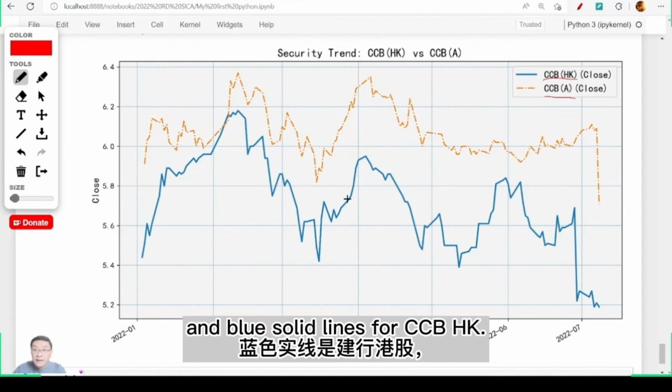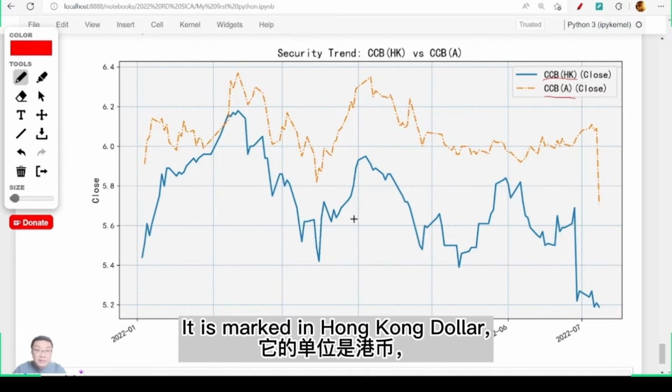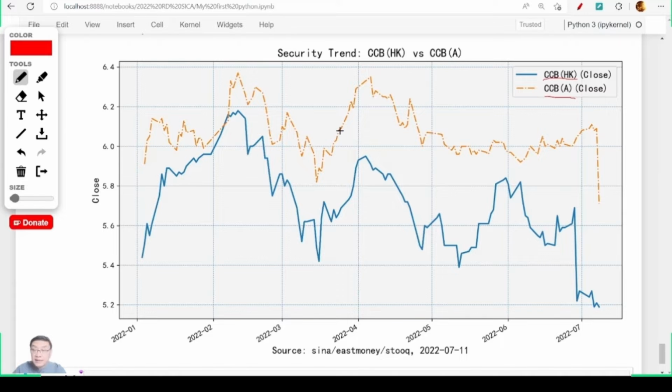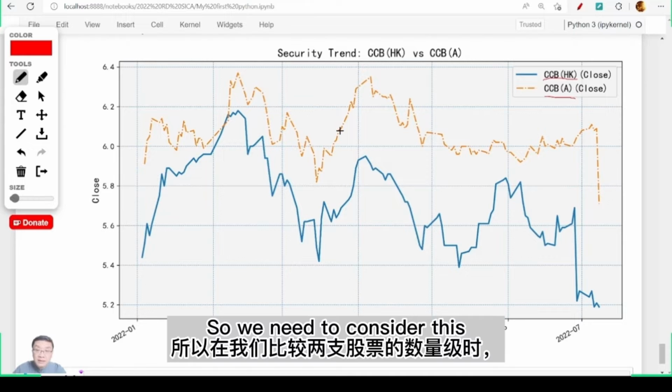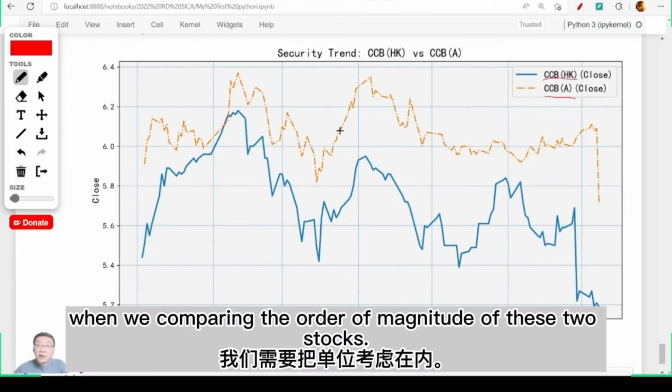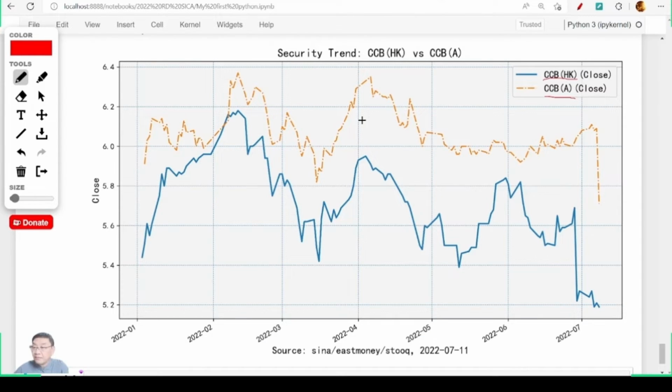The blue solid line for CCB HK is marked in Hong Kong dollars, and the orange dashed line for the CCB A share is marked in RMB. So we need to consider this when we're comparing the order of magnitude of these two stocks.